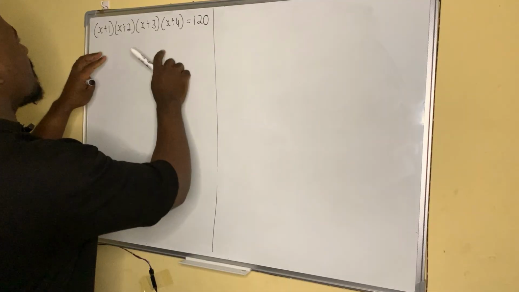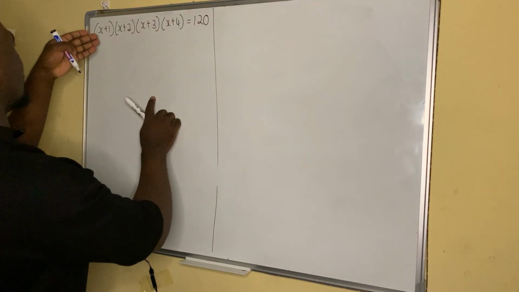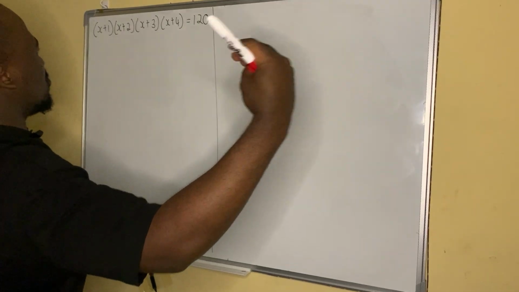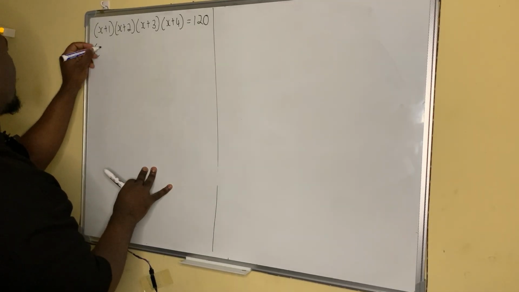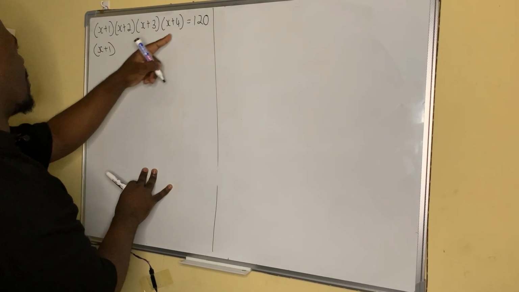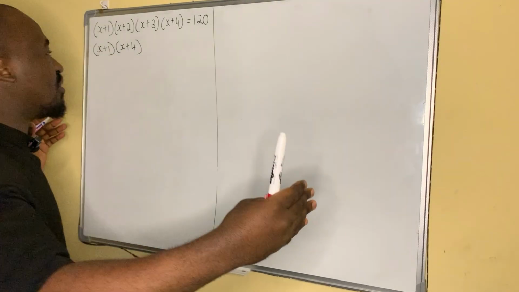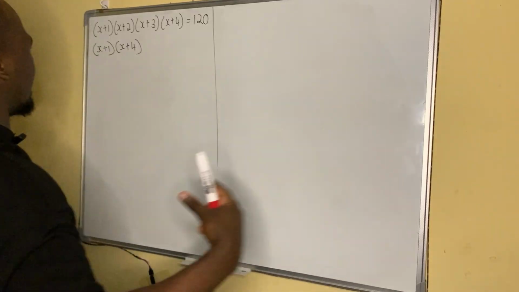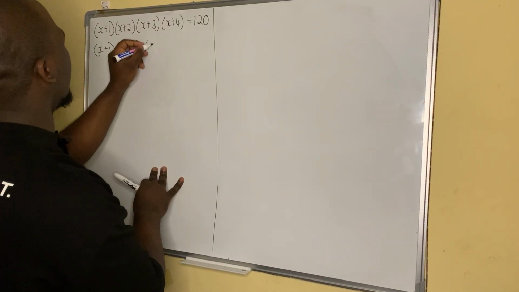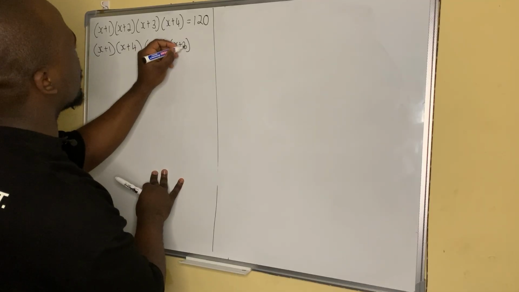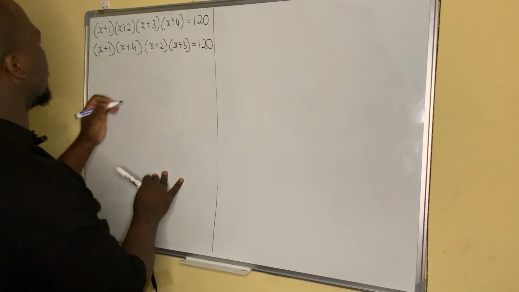But it's not that we do this and this, this and this. No, with FOIL, the outer ones we group, which are x plus 1 as well as x plus 4. First we multiply the outer ones, then we multiply the inner ones, x plus 2 as well as x plus 3, which is equal to 120.